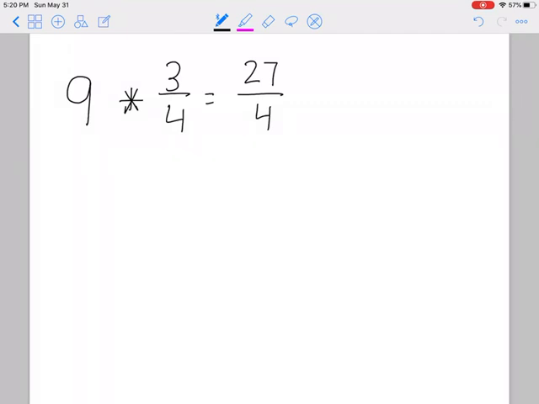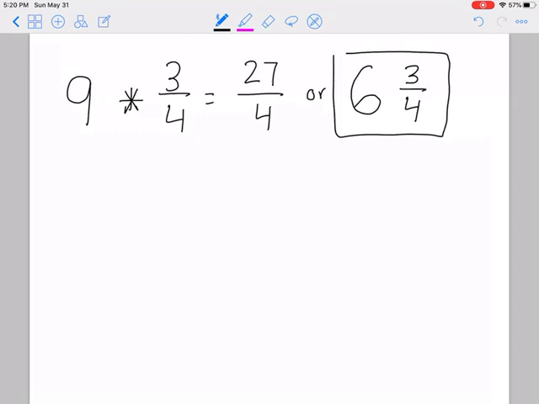So you have to think what number times 4 would get you close to 27, because you're going to have some sort of a remainder, some extra piece. So I know that 4 times 6 is 24, so I could take out 24 fourths, which is equal to whole number 6. And if I do 27 minus that 24, I'm left with 3 fourths. So your answer is 6 3/4.